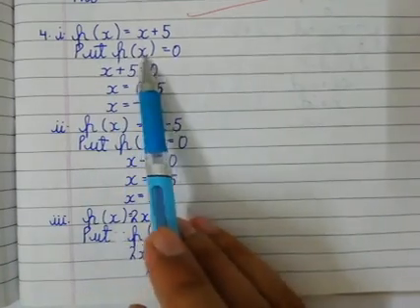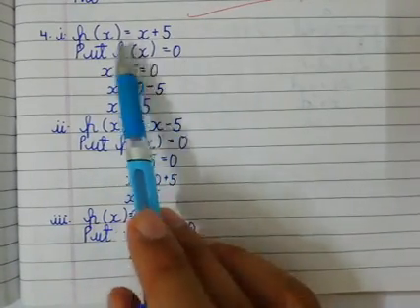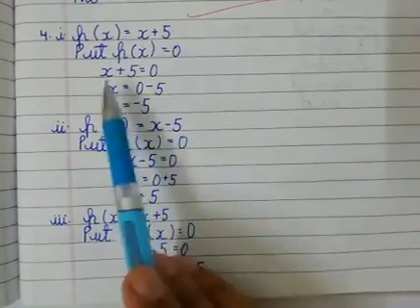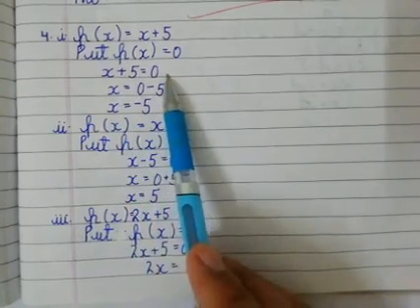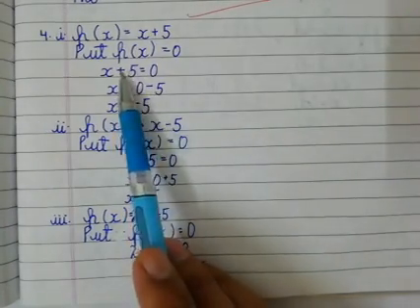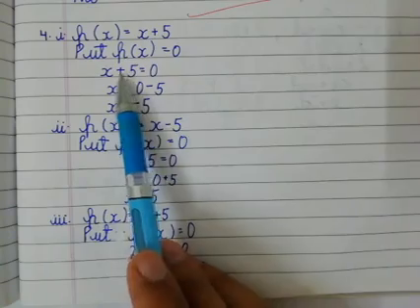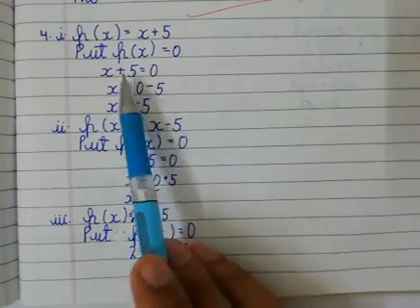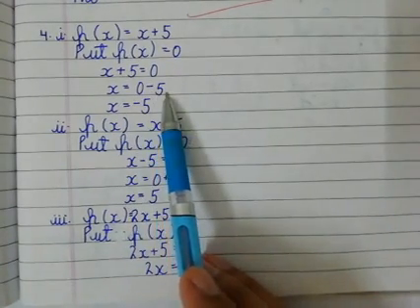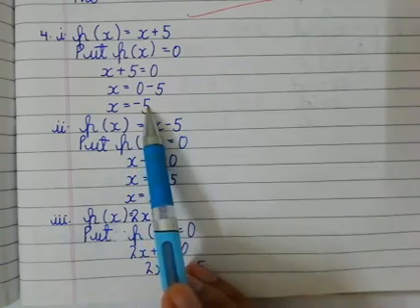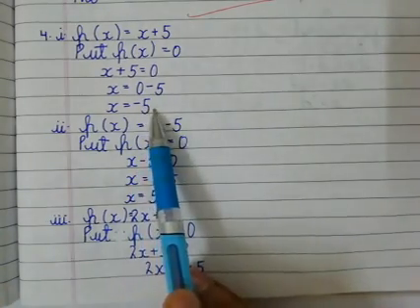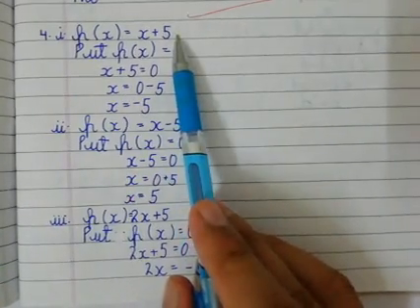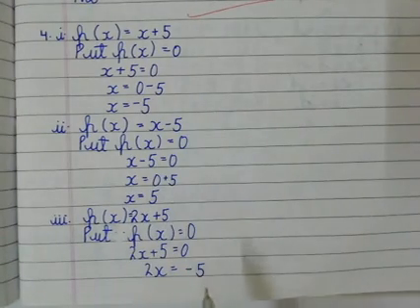So put p(x) is equal to 0. The polynomial is x plus 5, so x plus 5 is equal to 0. Now x remains here and the 5, which is on the left side of the equal sign, goes to the right side and its sign changes to minus. So x is equal to minus 5 is a zero of the given polynomial. Similarly are the other parts here.